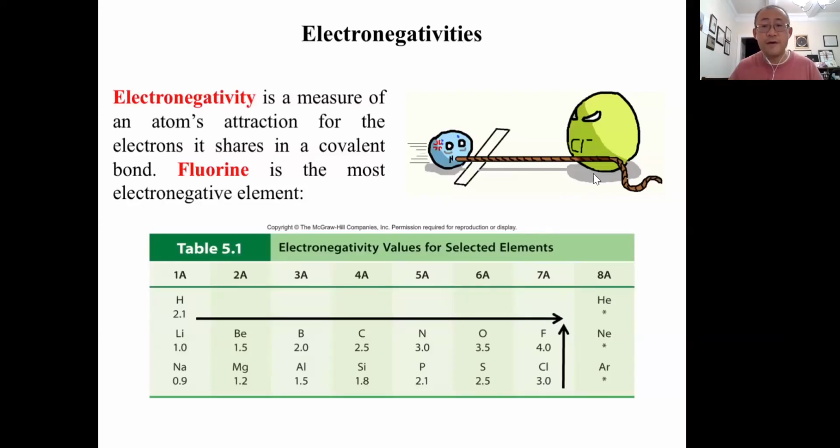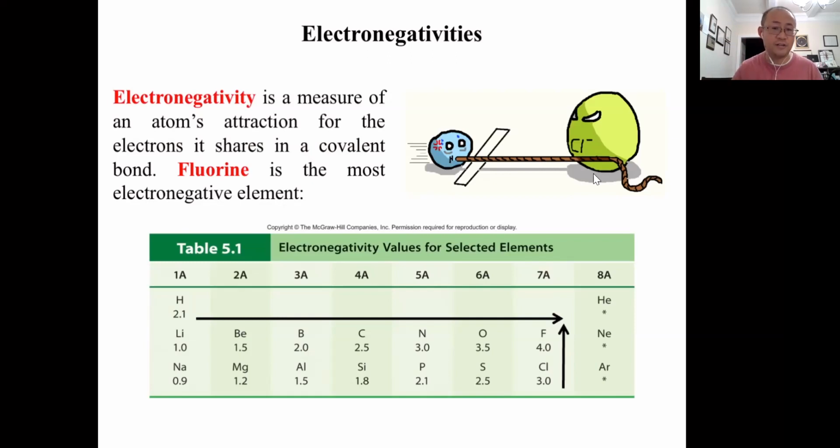And in our periodic table, there is a trend regarding this attraction, this electronegativity, that is shown in this chart. You can see that electronegativity can be quantified. Under each element there's a number showing you the electronegativity value. A bigger value means stronger attraction.